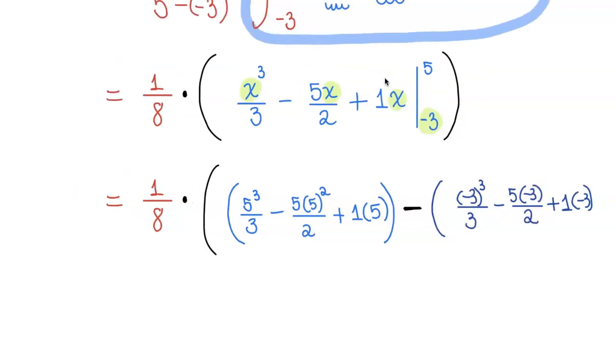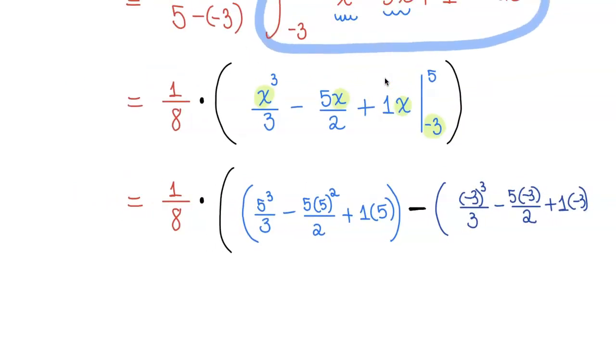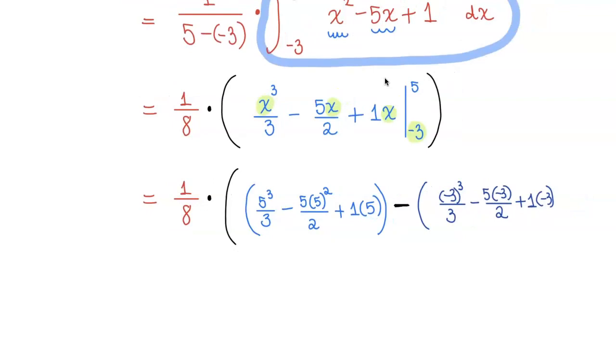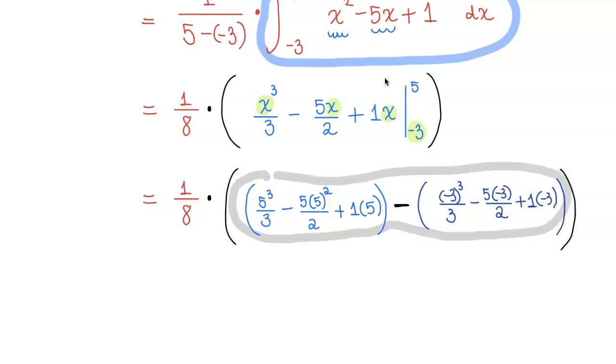Oh, I'm so out of room. I have more room on the side. And when I do these two subtractions first, oh, so many parentheses, right? So here's what I'm going to do: I'm going to do this minus that first.